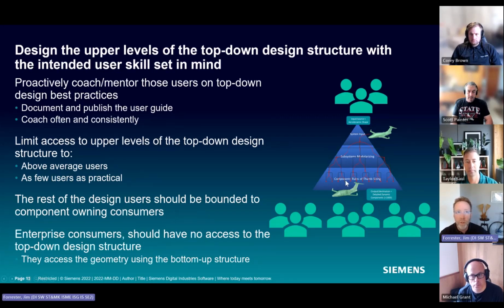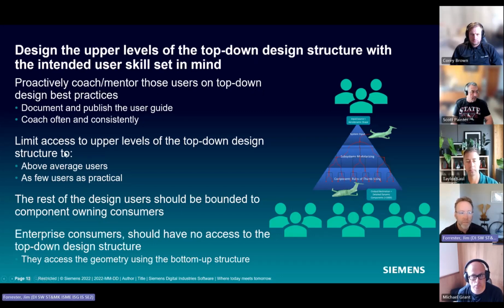Don't make it so powerful but complex that they can't use it. You want something that does what you want it to do, but is usable by the users who are intended to use it. Proactively coach and mentor those users on top-down design best practices.